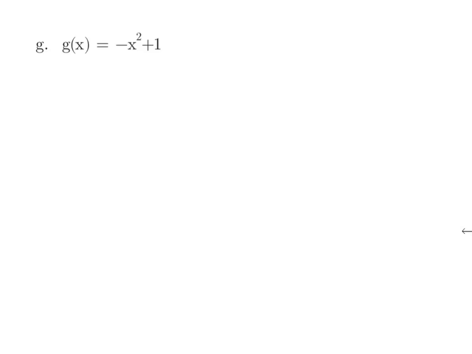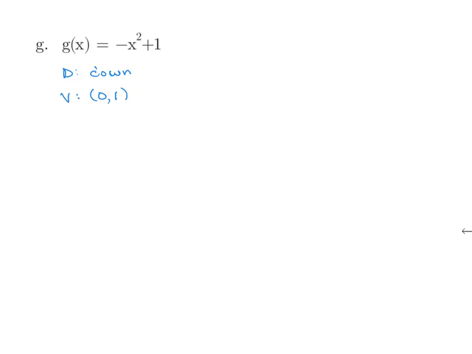We have g of x equals negative x squared plus 1. So for our direction, since this is a minus x squared, this opens down. Our vertex is going to be, since there's no number inside the squared thing, 0. And we keep the number that's on the outside, the 1.